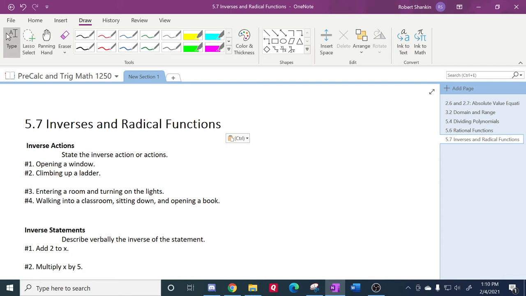One of the issues in math is we often at the college level are going so fast that the big depth is hard to get in. So you're going to have an opportunity to go deeper into this. And we're going to use a lot of the same activities that I used last semester when we covered the topic of inverse functions.